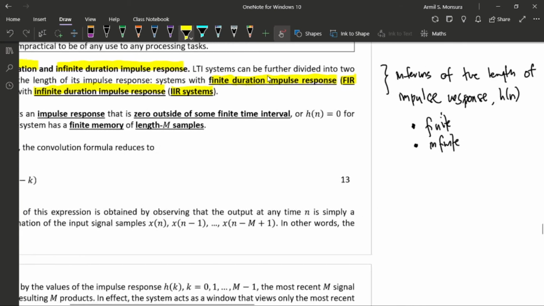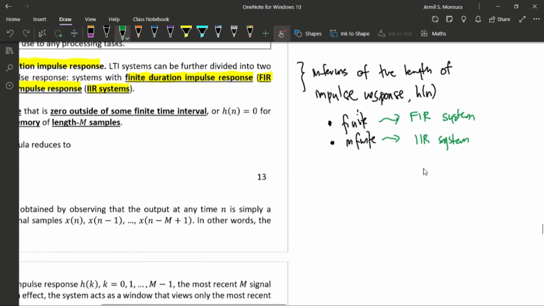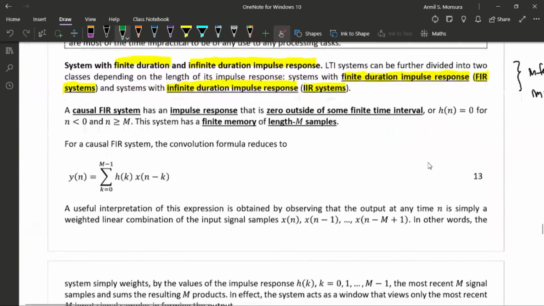So, pag finite yung length of the impulse response, we call it an FIR system. Otherwise, if the length of the impulse response is infinite, then we will consider that to be an IIR system. So that's the new characterization of your impulse response.